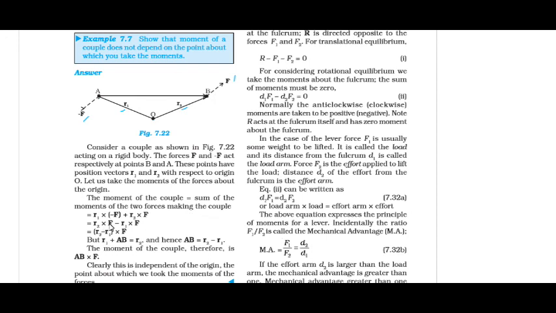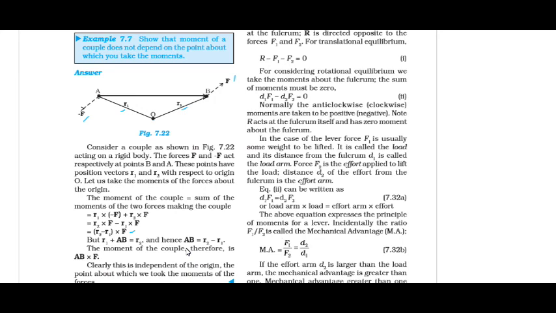So R1 into minus F plus R2 into F, that is R2 into F minus R1 into F, that is (R2 minus R1) into F. But R1 plus AB is equal to R2, therefore we can write AB is equal to R2 minus R1.